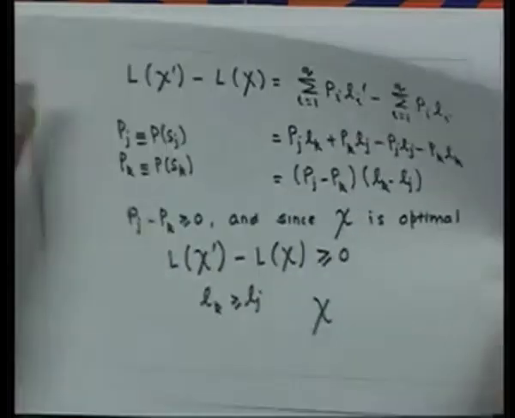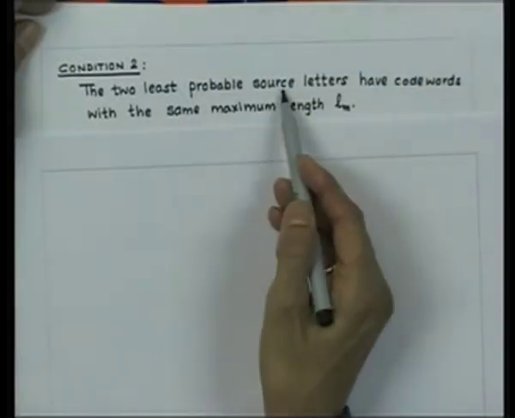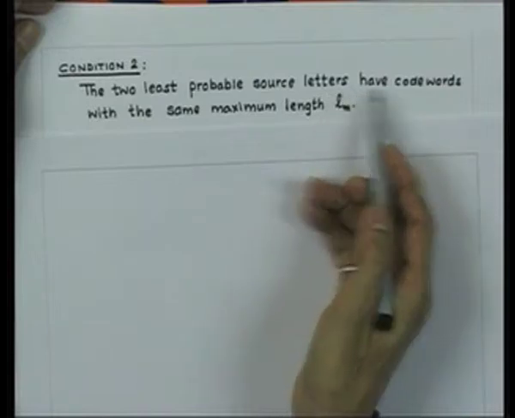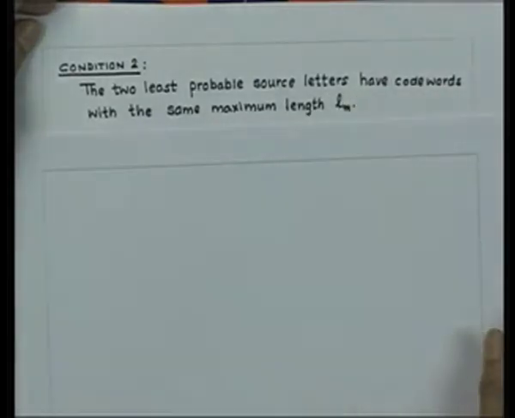Now, the second condition which an optimal code should satisfy is that the two least probable source letters have code words with the same maximum length Lm.